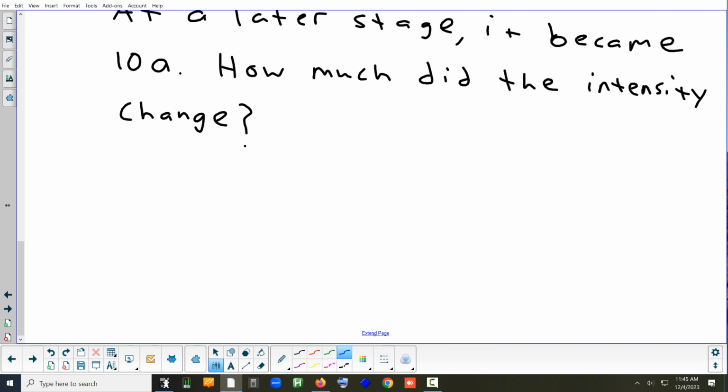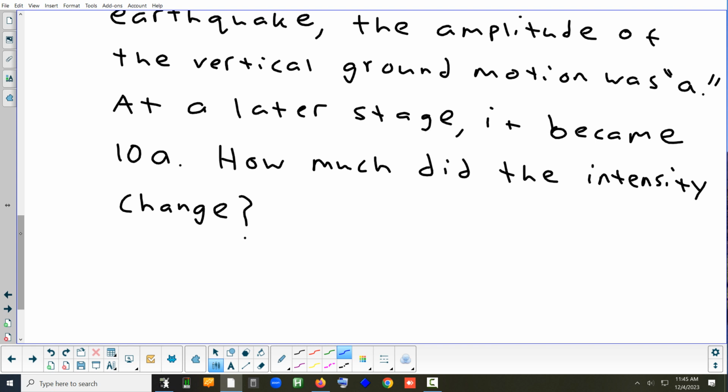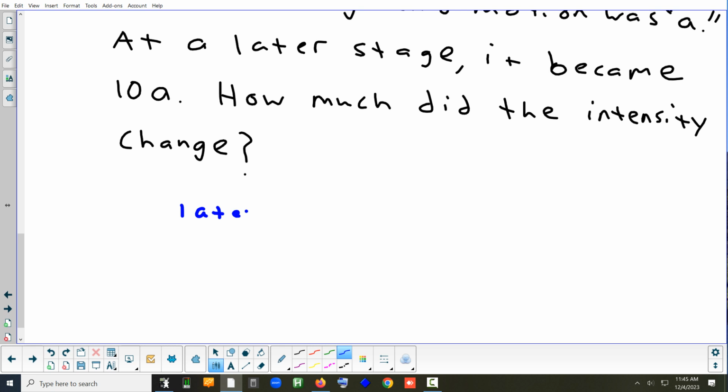So I want to figure out the difference between the two. And I want it to be positive. So would I do earlier on minus later, or later minus earlier on? Yeah. So we're going to do later minus earlier. And what we're going to do is fill in the Richter scale equation.